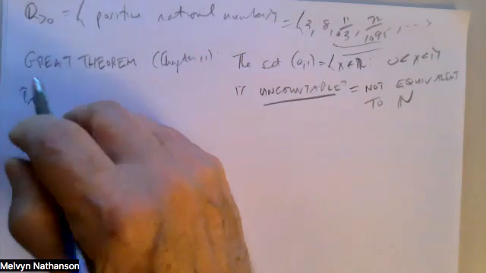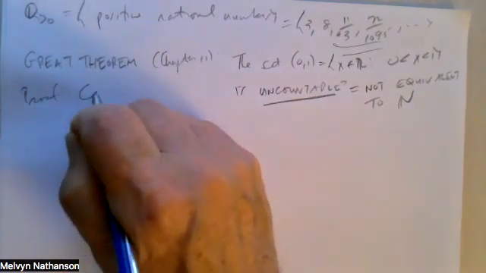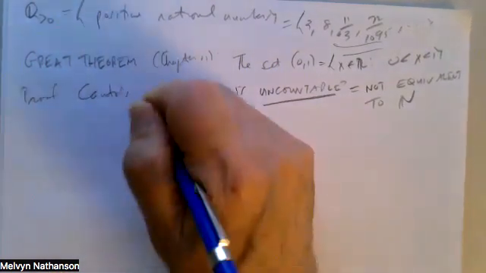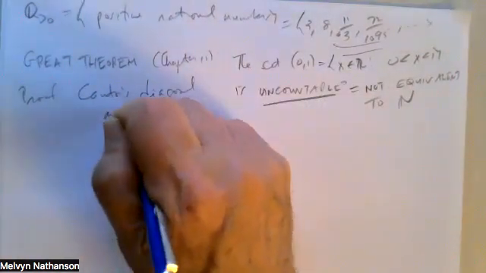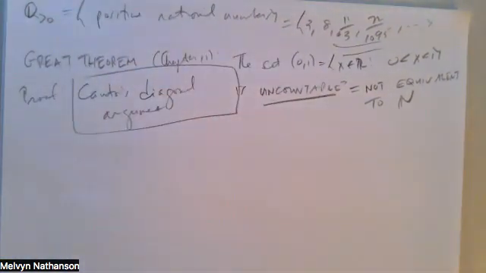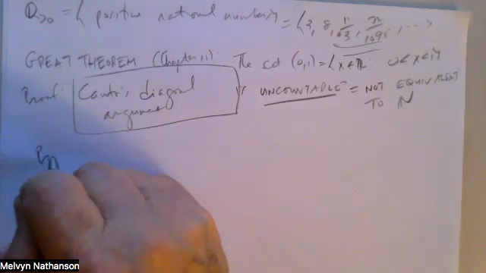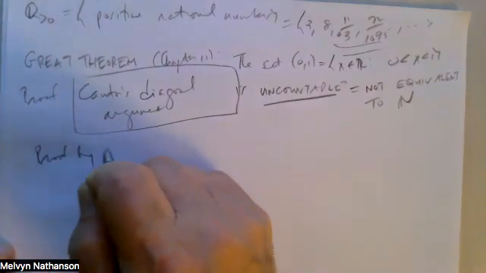And the proof uses what is called Cantor's diagonal argument. And it's a proof by contradiction.